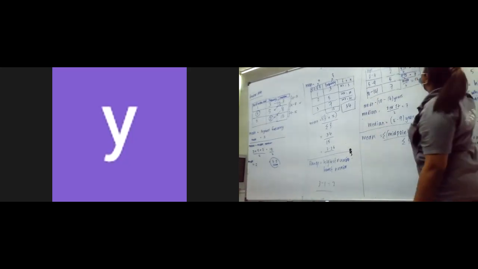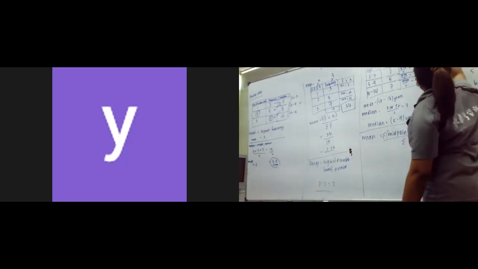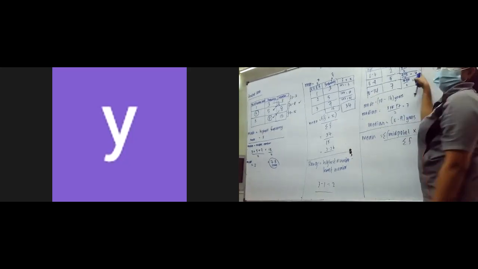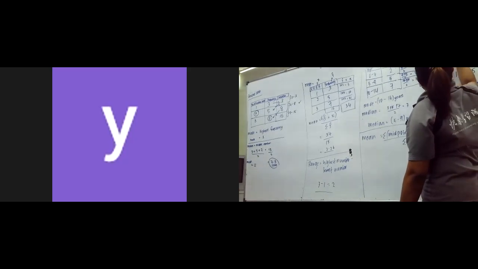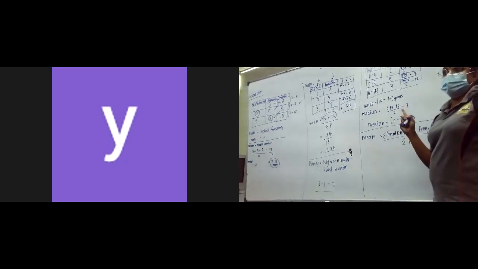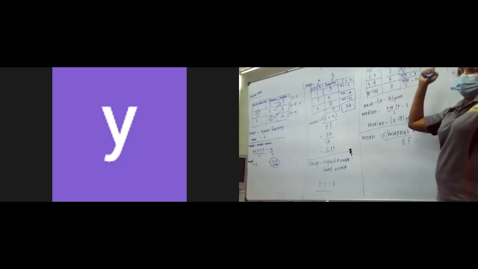What's the middle number? Then 5, 6, 7, 8, 9. What's the middle number? And then 10, 11, 12, 13, 14. What's the middle number? So that is what I did. You take 4 plus 0, divide by 2, you get your middle number.